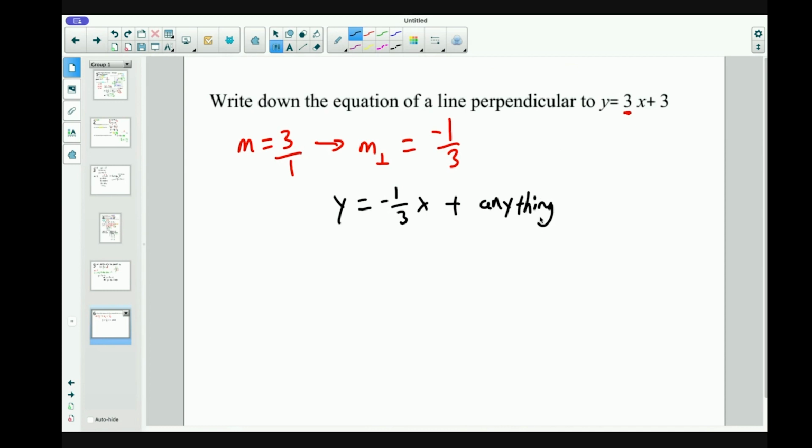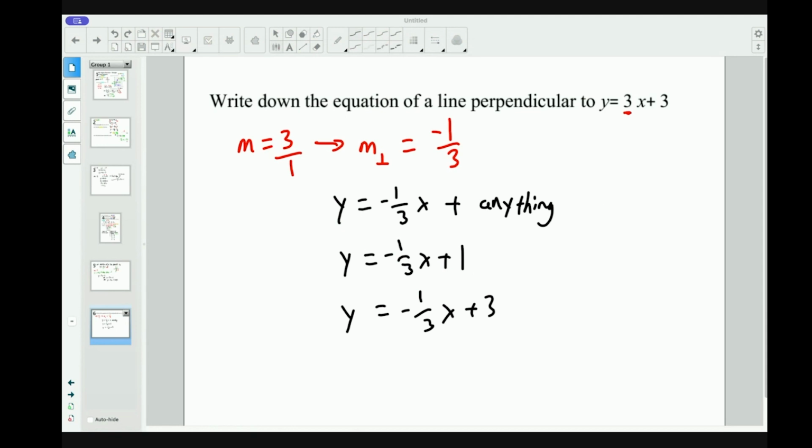Okay, I wouldn't actually write plus anything. Negative 1/3 x plus 1, or y is equal to negative 1/3 x plus 3 could also be a perfectly acceptable answer, as long as your gradients are perpendicular to each other. Okay, so I know that part with finding the gradient might be a little bit tricky, so I'll give you guys a couple to try out here on your own before we move on.